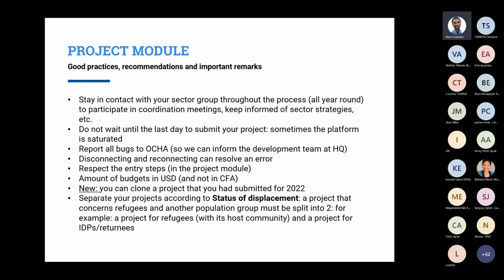You can use the current exchange rate, the one of the day or the one that you know from last month. It doesn't really matter. What we need to know is the estimation of the HRP. This amount doesn't have to be exactly the same amount that will be for your proposal, because often when we submit proposals according to the donors, of course we face some exchange rate that may change the final amount.